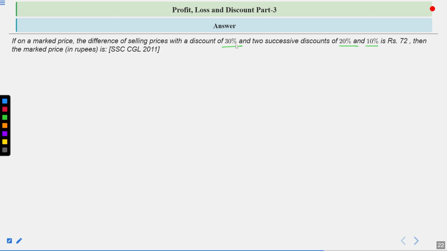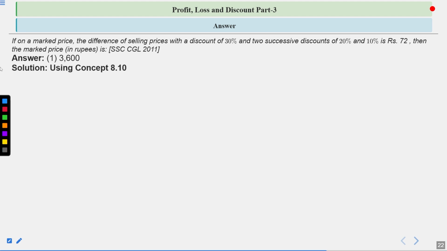Then the difference between them is given, which is 72 rupees. When we calculate the percentage value of the difference of these two discounts, which equals 72 rupees, then we can calculate the marked price. So the correct answer of this question is the first one, which is 3600 rupees.